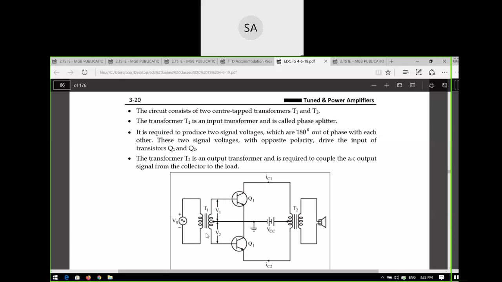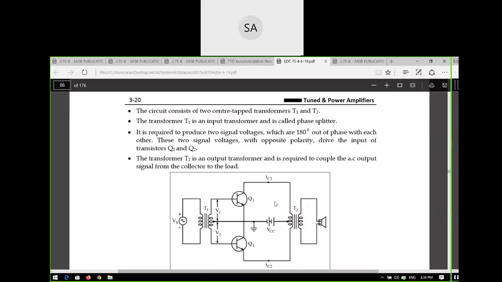Whenever it is the negative half cycle, Q1 is off and Q2 is on. The collector currents IC1 and IC2 are opposite to each other and are given to the output transformer, which is used as a coupling transformer that couples the output voltage or current to the load speaker.